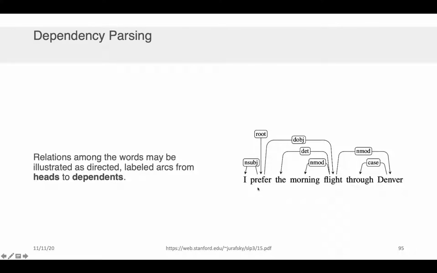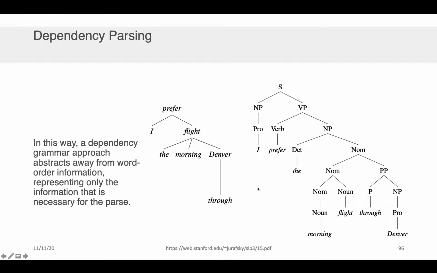So a dependency grammar approach abstracts away the word order information, because unlike the context-free grammars where we were stepping through the sentence from left to right in order of the words, you don't have to do that when you have a dependency parsing approach.